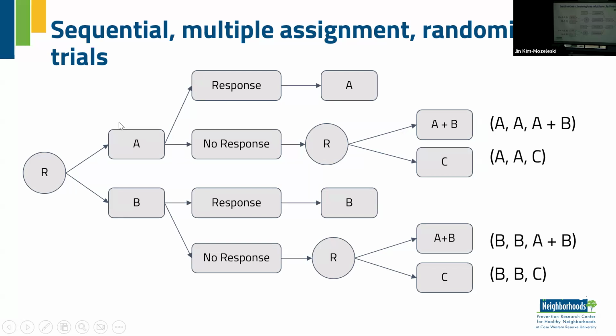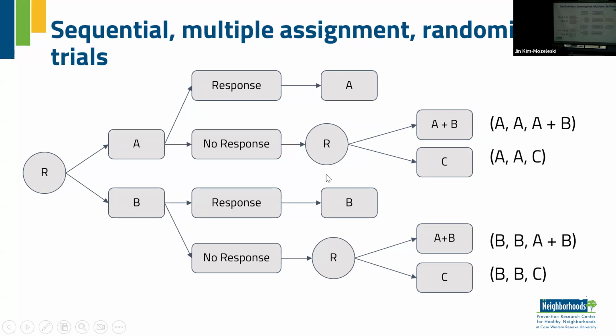Will you be speaking to, at the first randomization stage, why you would do it this way versus having 4 groups that are A, B, A plus B, and C, or something like that? No, I don't have anything about that in here. The design of the SMART is really based on what sequences of treatments you're interested in.